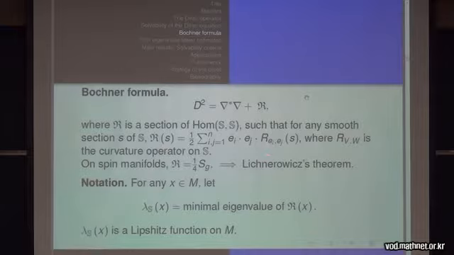In the spin manifold case, R is given by the scalar curvature. So Lichnerowicz's theorem is an easy corollary of the above formula. It follows from integration by parts. And then we also introduce the lower bound of this operator. It's a self-adjoint operator.